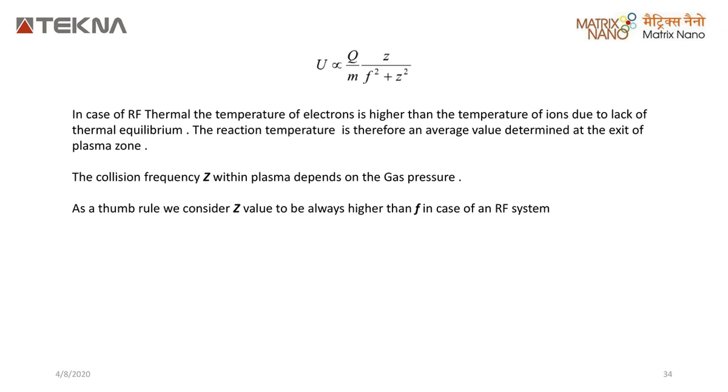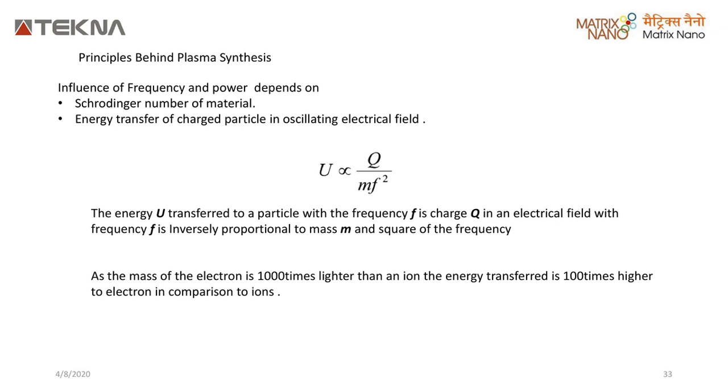Here we use one constant, Z, which is the frequency measured against the gas pressure. This Z is based on the gas pressure for the plasma gas. As a thumb rule, we always consider the Z value to be higher than the standard frequency, in the case of RF systems only. The standard frequency we are talking about is the frequency of the electrons in the electrical field.